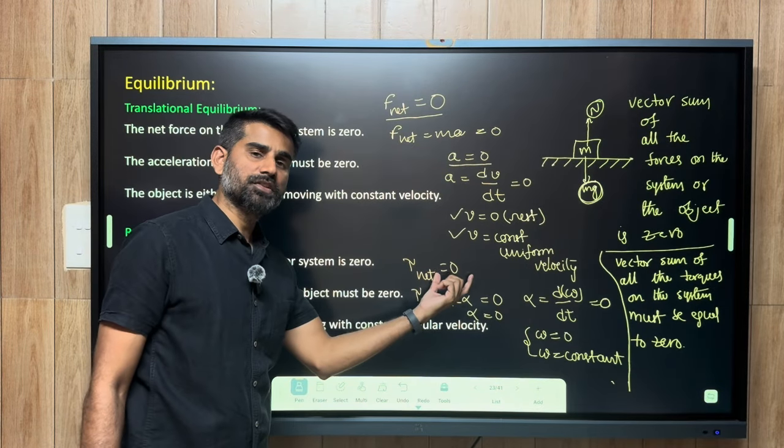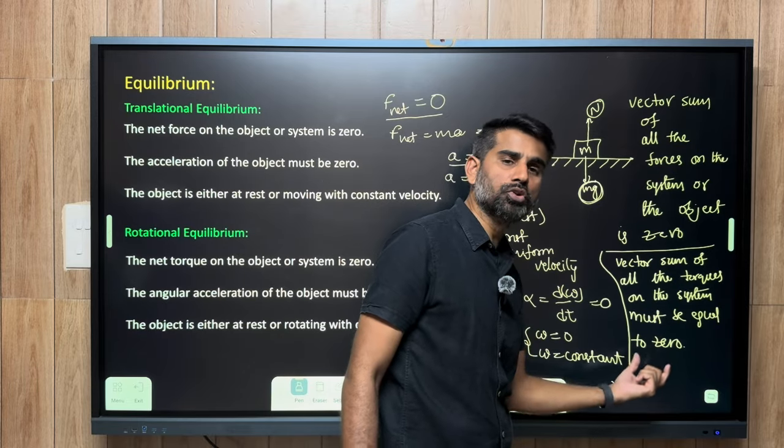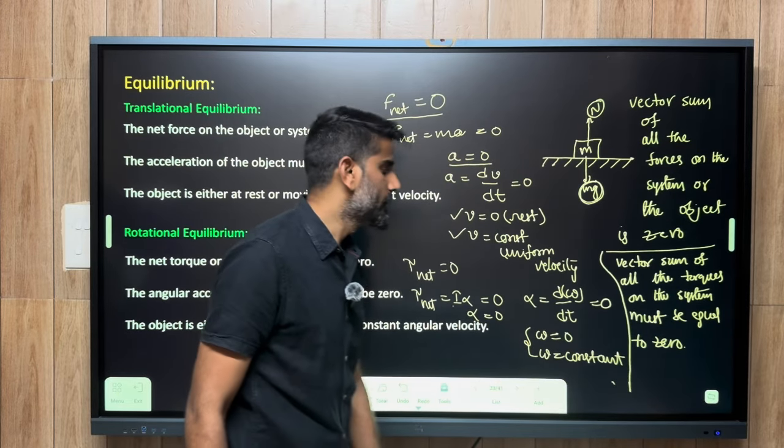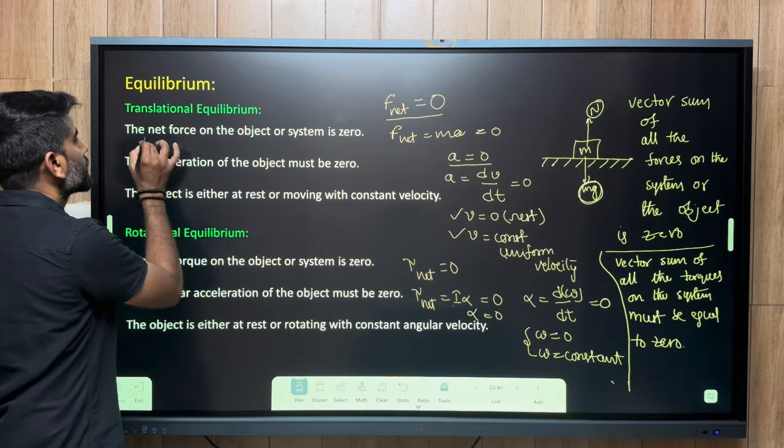Whenever we say the net torque on the system is 0, it means the vector sum of all the torques on the system must be equal to 0. Okay, right. And these are the points that we have already written here.